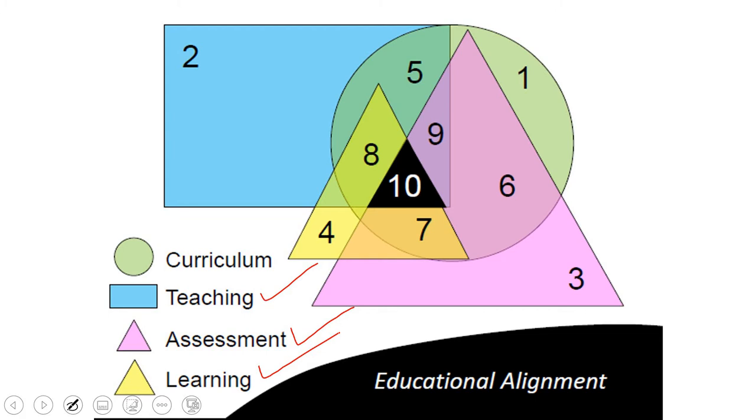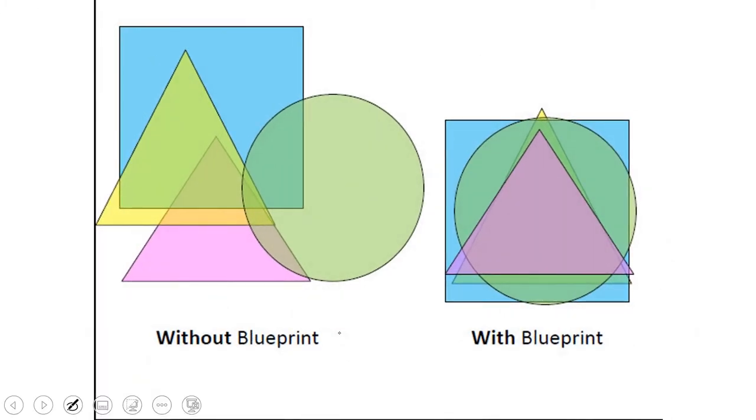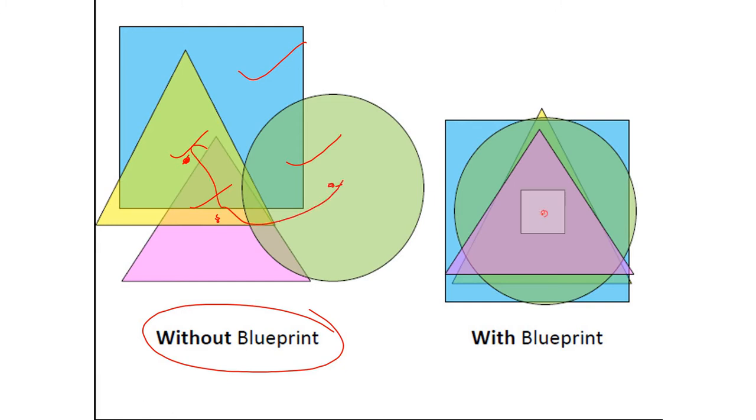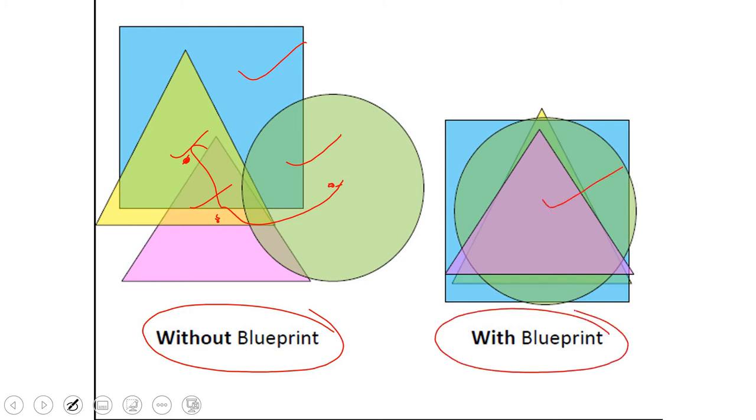You can see on the left side that without a blueprint, all things are scattered, each with its own primary center. On the right, because of the blueprint, they are all superimposed and aligned, and what you have taught and what the students have learned is properly assessed.